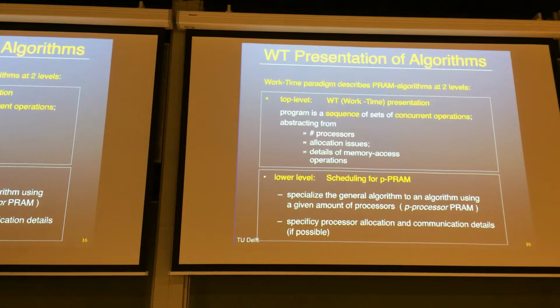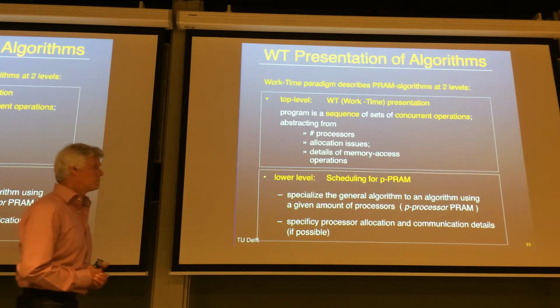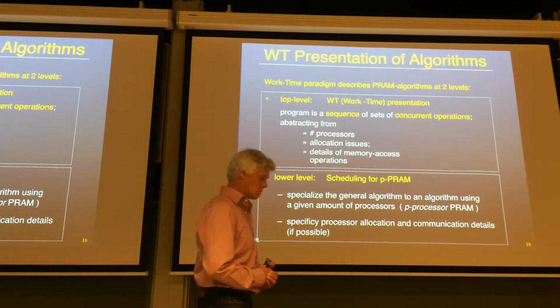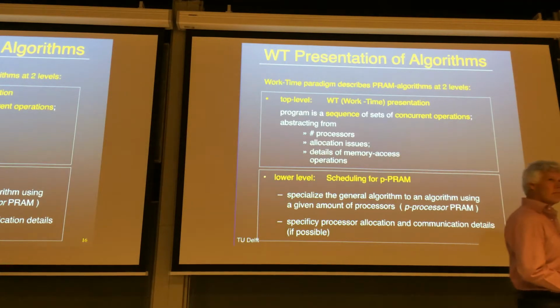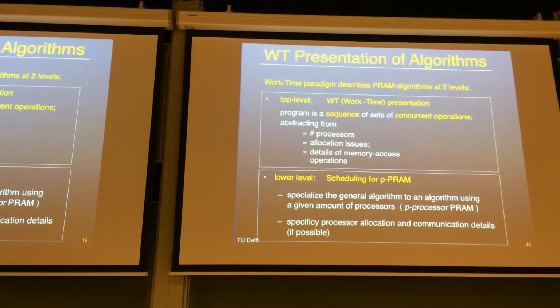Yes? In the case of the low level, would this be a certain value, or would you show that for any P? Both. So, if you give me a fixed number of processes, let's say 200 or 300, I can give you the algorithm that results whenever you specialize your algorithm to that architecture, but I can also deal with p as a variable.